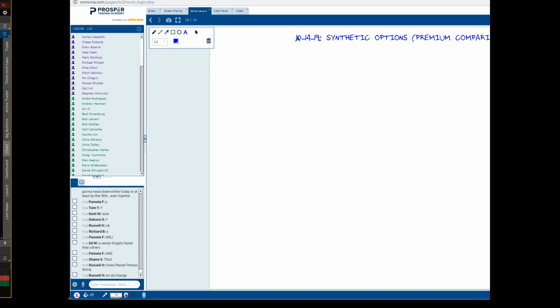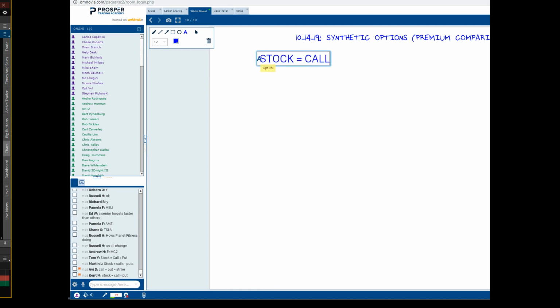Does anybody remember what that equation was? No, Andrew, but that's a good answer. Tom, close but not correct. Martin, you got it. Okay, so stock equals call minus put.